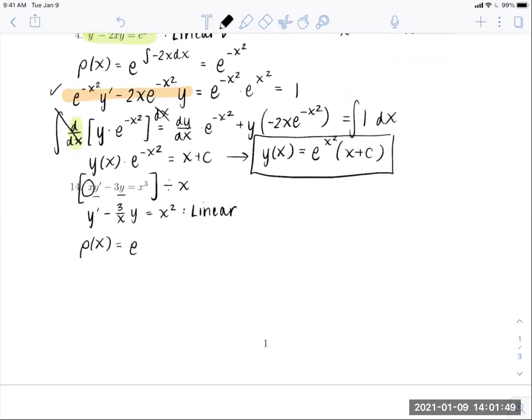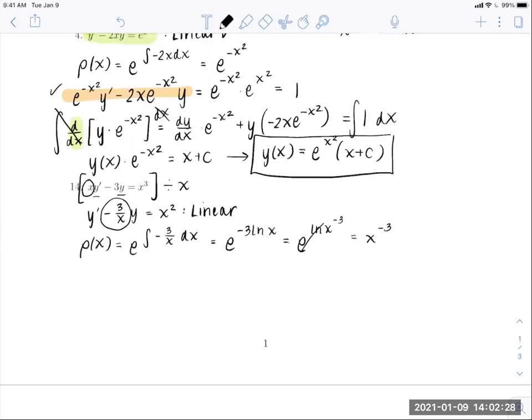So that's always e to the integral of, here again, we want to include the sign in front, minus 3 over x dx. And now let's go ahead and integrate. That is e to the negative 3 natural log of x. And using logarithm rules, that's e to the natural log of x to the negative third. And then canceling out, this whole thing reduces to x to the negative third power.